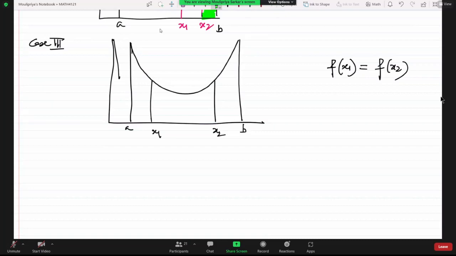Ma'am, two regions can be eliminated, AX1 and X2B. Right. If this be the case, we would be eliminating AX1. We would also be eliminating X2B. That is, your new interval of search would be X1 to X2.